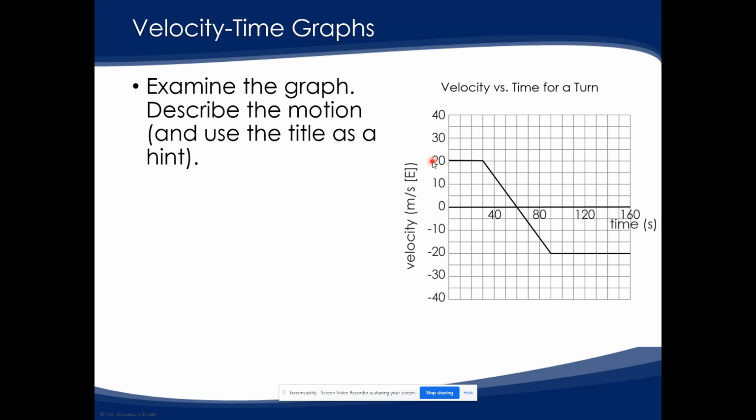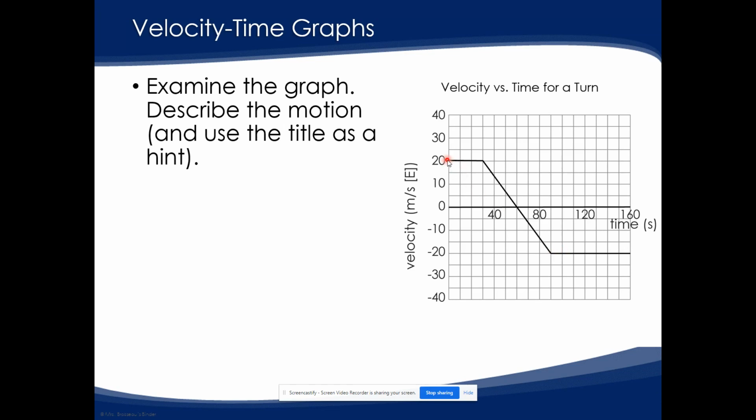Well, on a velocity graph, remember that our slope indicates our acceleration. So we're going at a constant pace. Then we have a negative acceleration, and negative acceleration is just our way of saying that we're slowing down. And then we're going at a constant acceleration again, but it's negative this time, which means that we're heading in the opposite direction.